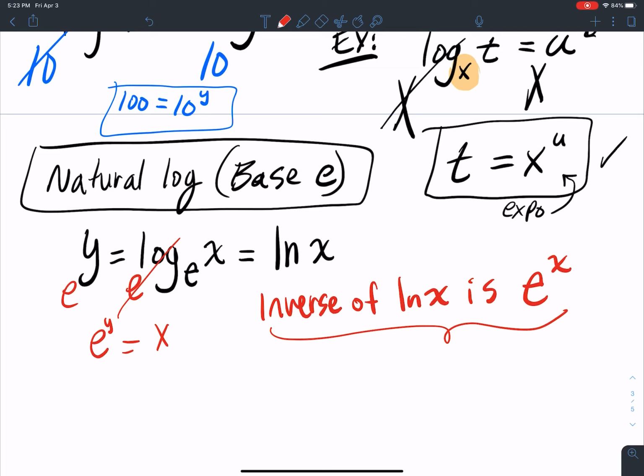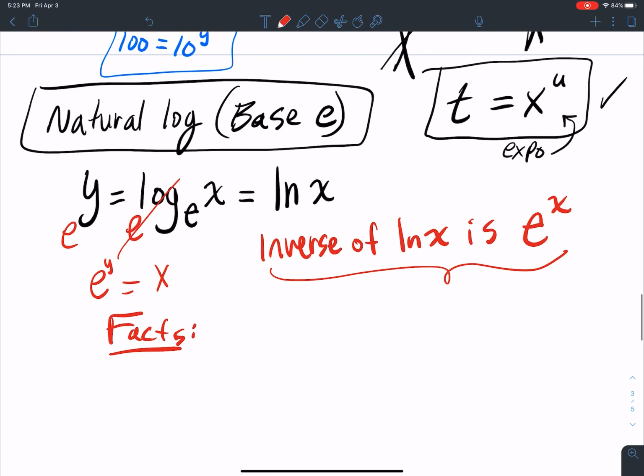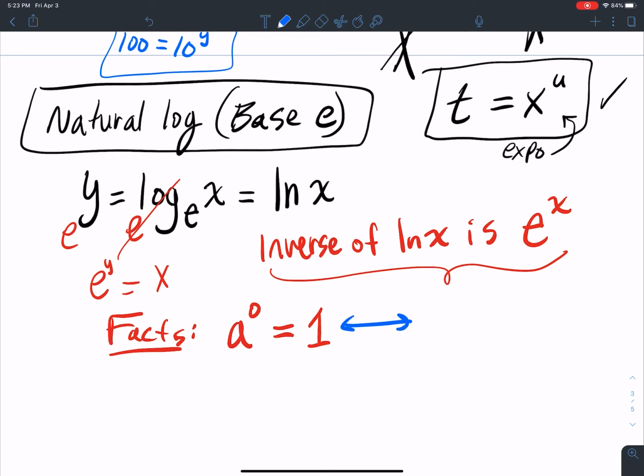Okay, so other useful facts. If I raise something to the 0 power, what does it equal? It equals 1. So if I did the log form here, how do I get rid of the base a? I log base a both sides. Log a of a to the 0 equals log a of 1. So those cancel, and I get 0 equals log base a of 1. So what is this telling me?